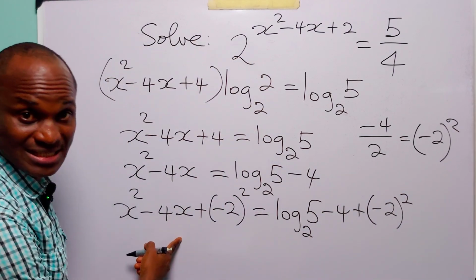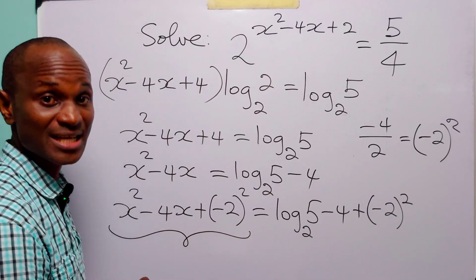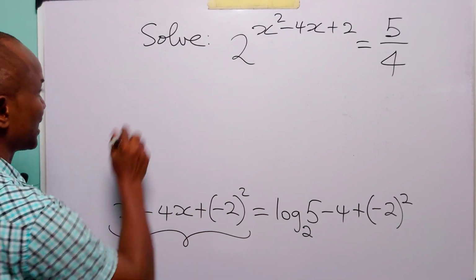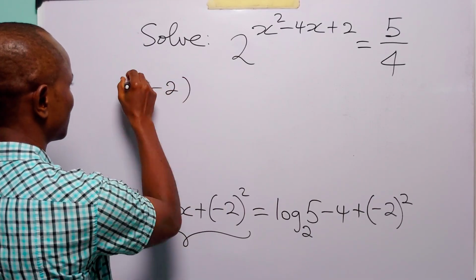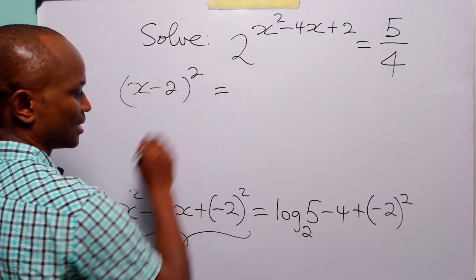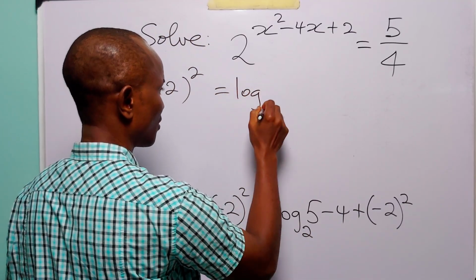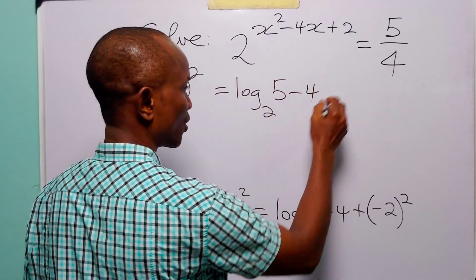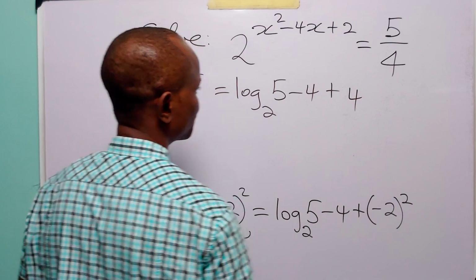Now, on the left hand side of this equation, you can see that we have a perfect square. So from here, we have x minus 2 squared. And of course, this is equal to log to base 2 of 5 minus 4 plus minus 2 squared, which is 4.